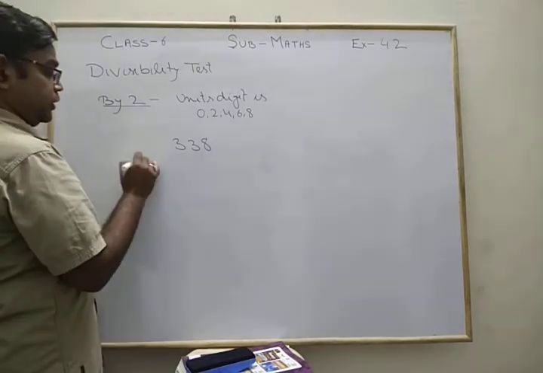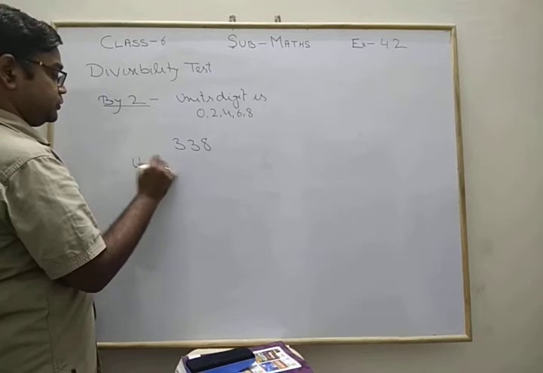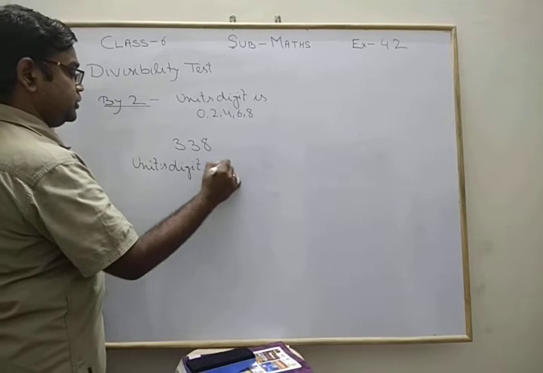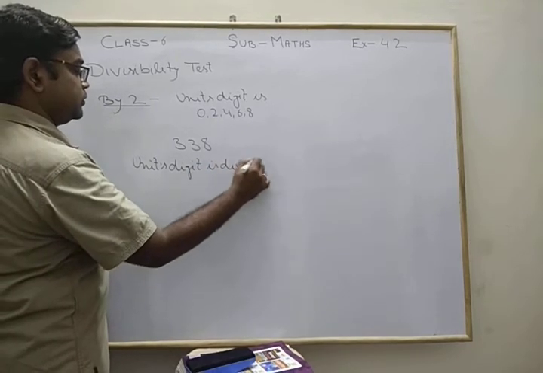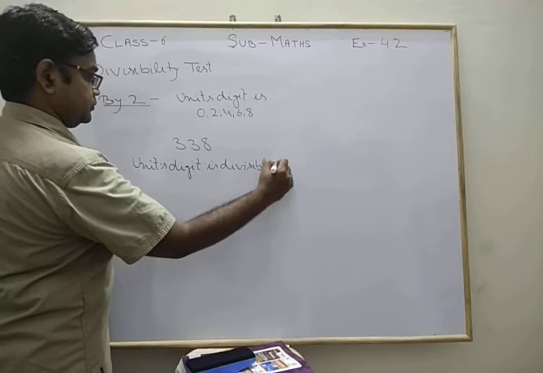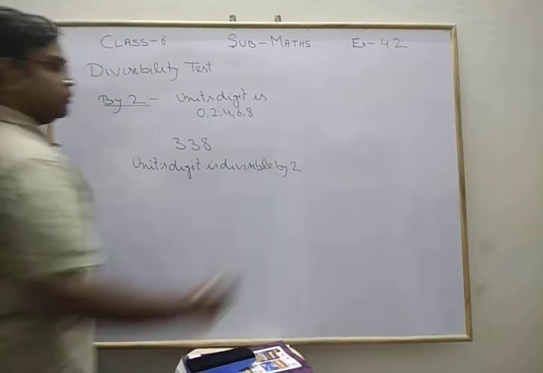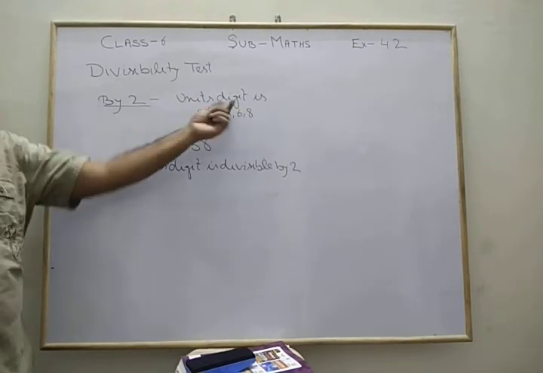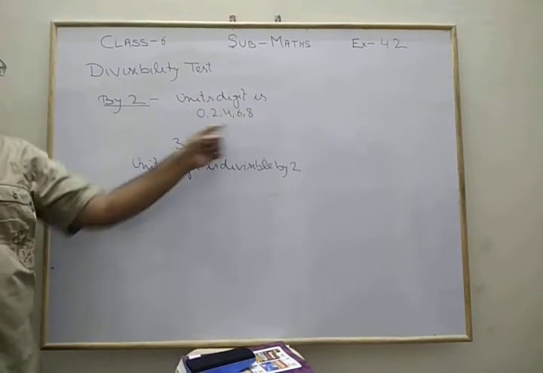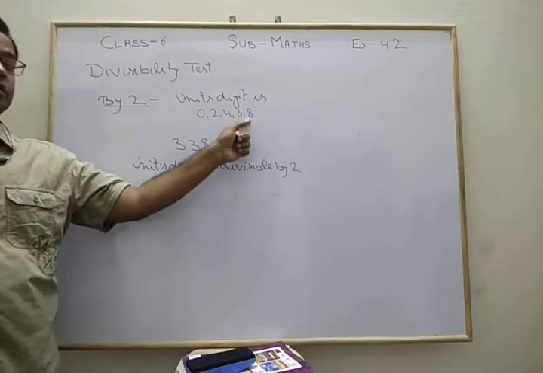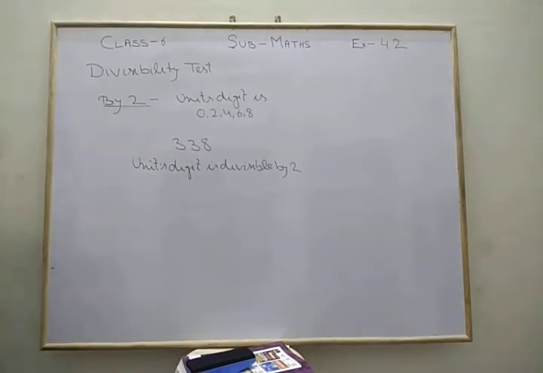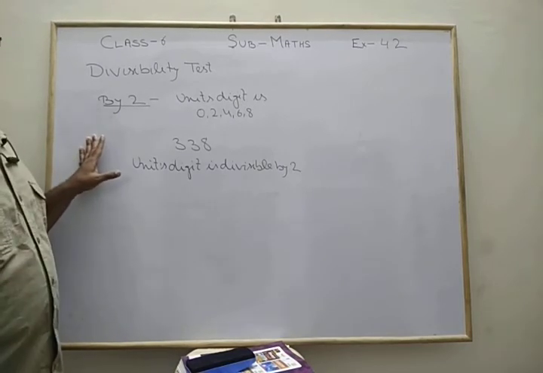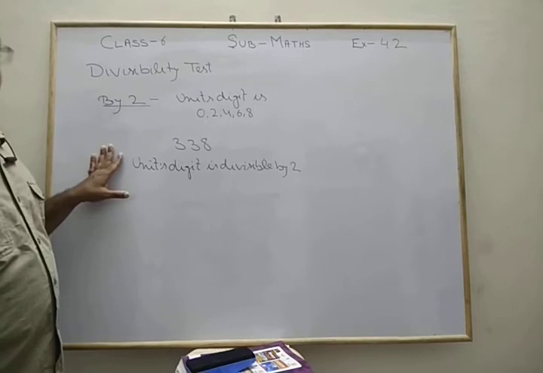Why? Because the units digit is divisible by 2, which means it's an even number. So if any of these digits is at the units place, then that number is divisible by 2. Keep all these things in mind because in your exercise you must solve using these properties.